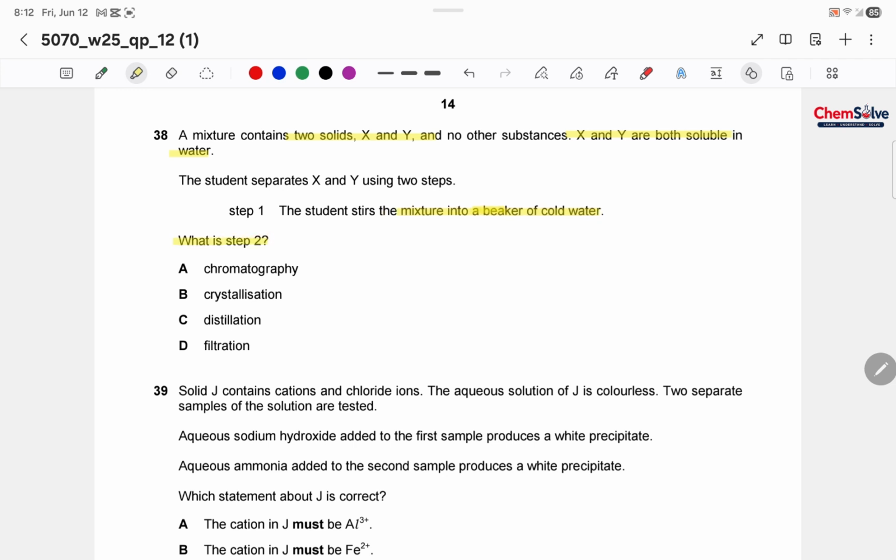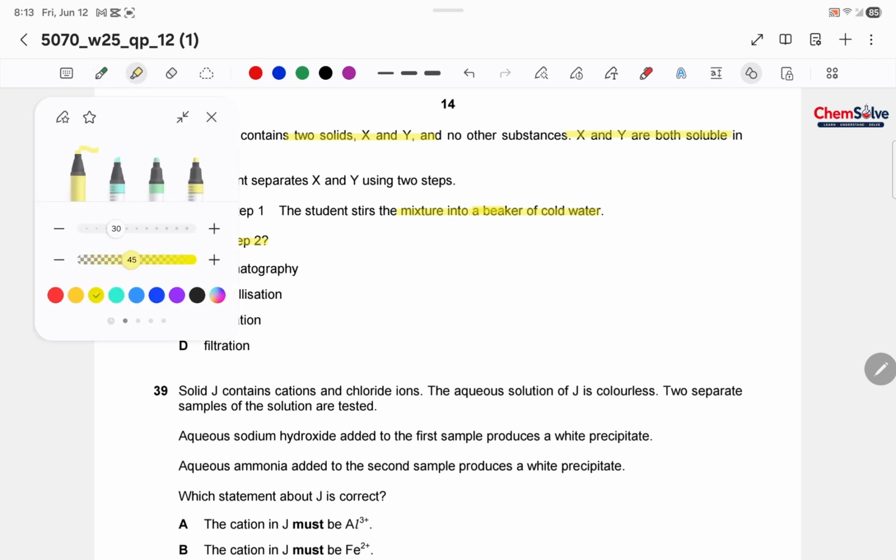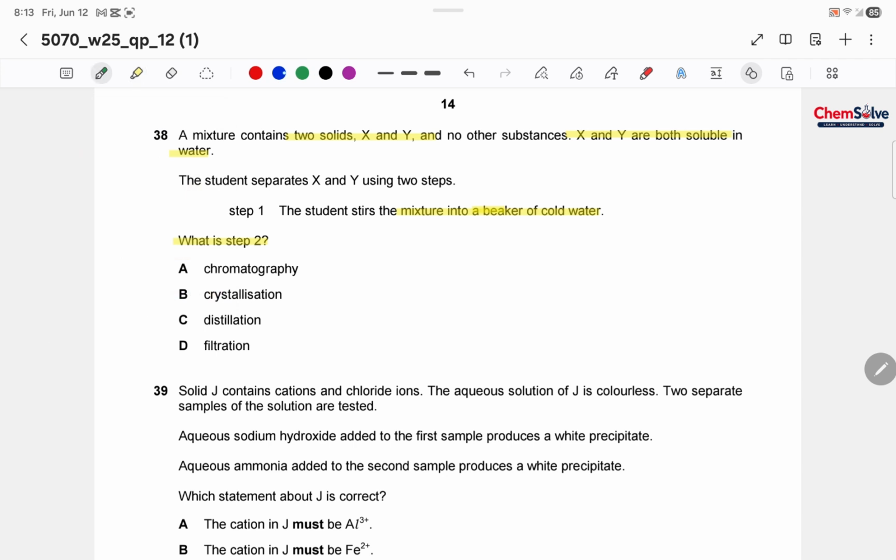As they both are soluble, we cannot use filtration here. Why? Because filtration is used when one thing is soluble and the other is insoluble. And as both of them are soluble, filtration is not our option.